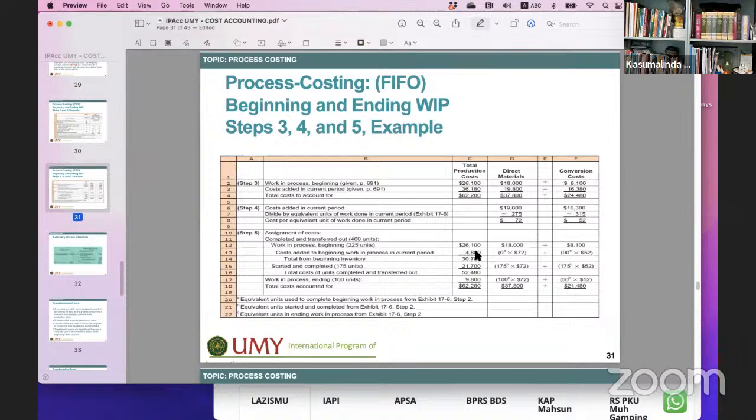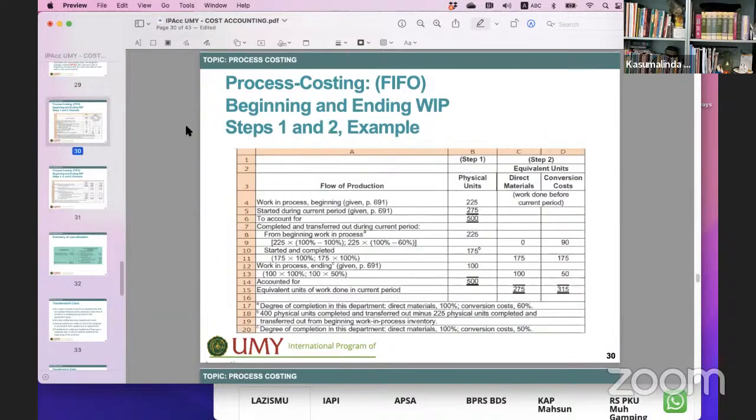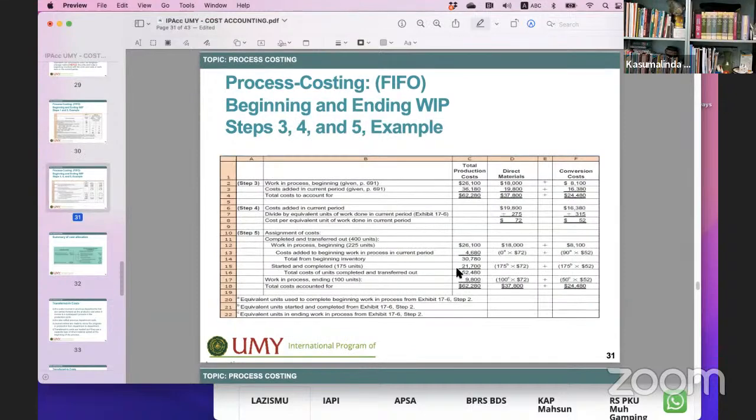We calculate here by referring back to the units in the previous table: 0 for direct material, 90 for conversion cost, and we multiply with the respective cost per equivalent unit.